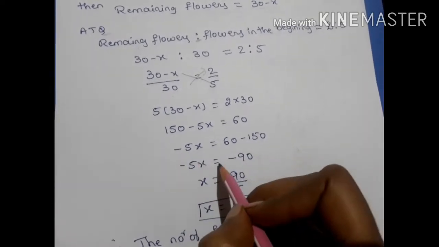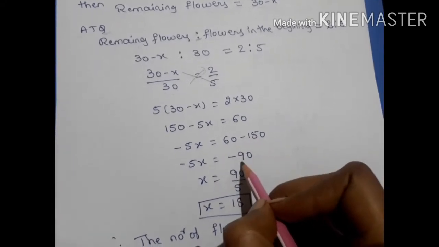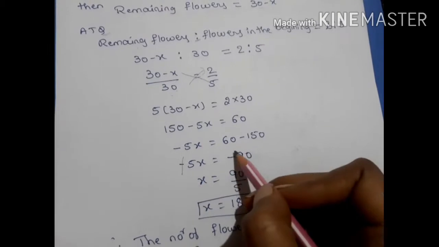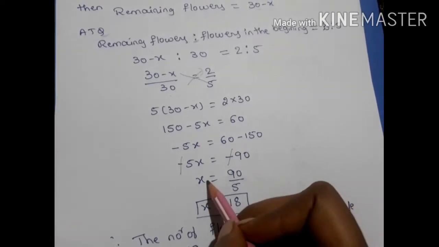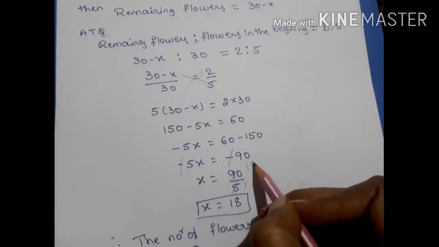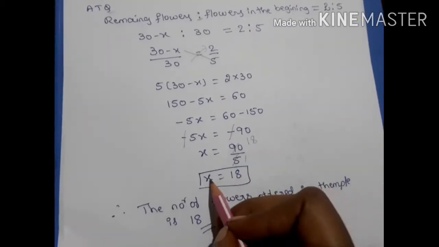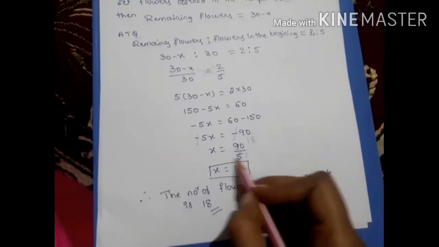Minus 5x as it is equals 60 minus 150, which is minus 90. Minus minus gets cancelled. x is equal to 90 by 5. 5 ones are 5, 5 eights are 40. Nothing but 5 ones are 5, 5 eighteens are 90. x is equal to 18.